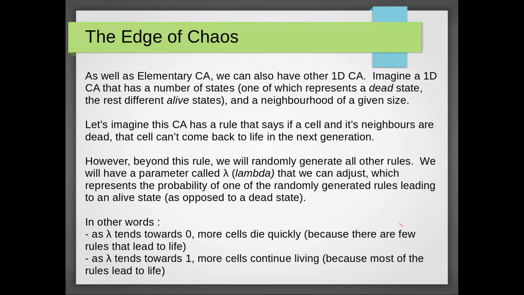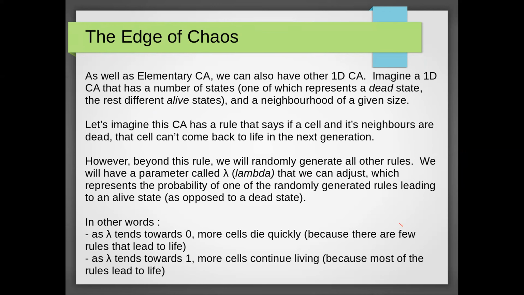Okay, so we've talked about elementary cellular automata as an example of a one-dimensional type of cellular automata. Let's now imagine a different, more generic one-dimensional cellular automaton. That cellular automaton has a number of states, one of which will represent a dead state, and the rest will be different states of being alive.